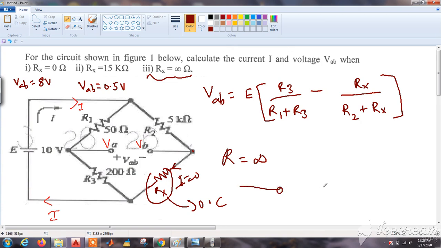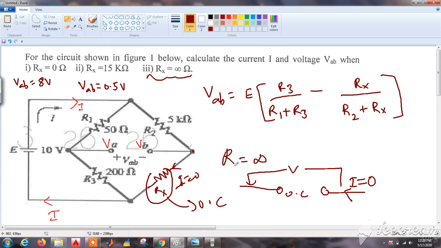So in an open circuit, if you want to find out the voltage, it will have some value of voltage because it is open. But if you want to measure the current flowing through any wire which is open circuit or having infinite resistance, it will give you 0 ampere.